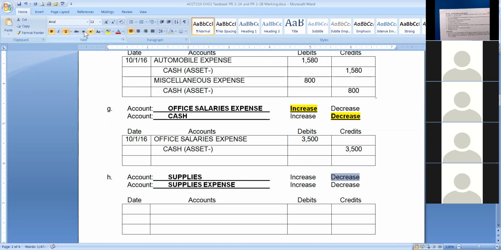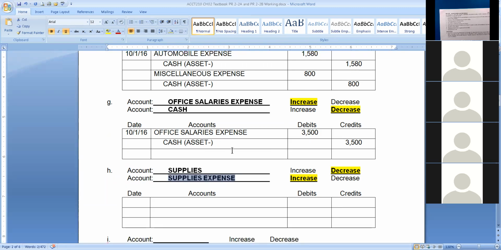The supplies expense is always going to go up. And this is a little bit tricky in that it's actually not cash leaving the place. This isn't like rent expense because you're not bringing a check for cash, but the supplies, which are an asset like cash, are leaving. So you have less supplies now. Those are supplies that went out the door, maybe the expense. Expenses are always debits.